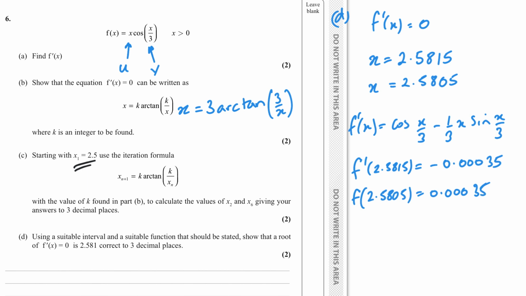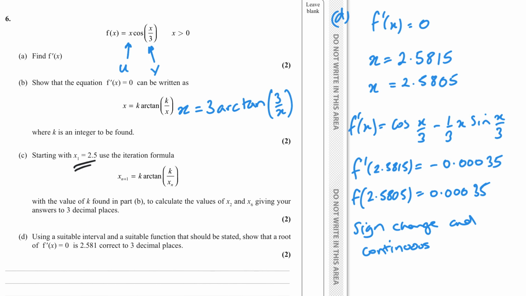So you can see now I've got a change in sign, therefore there should be a root between there since this graph is continuous. So I'm just going to put it in basic here. So this is what we're looking at: sign change and continuous.